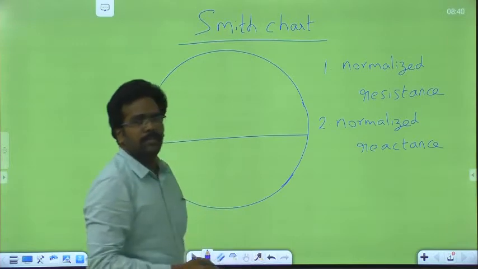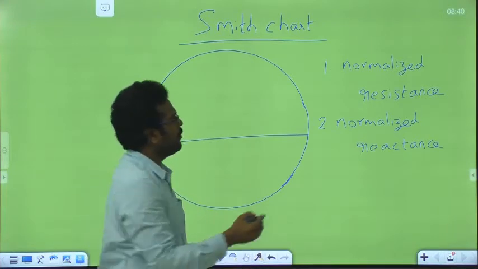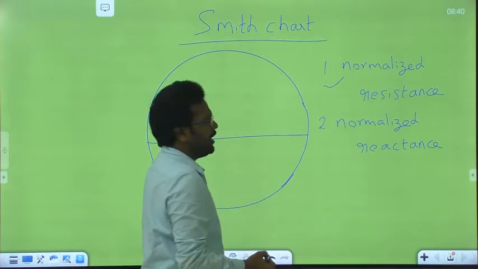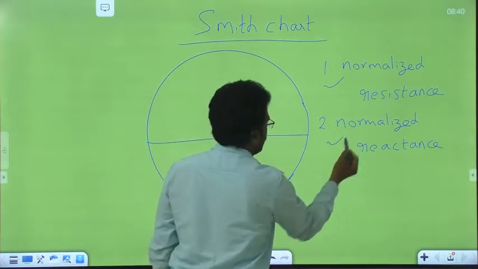Smith chart is basically a superimposition of the normalized resistance circle and the normalized reactance circle.